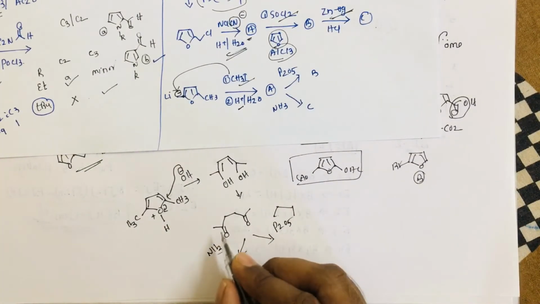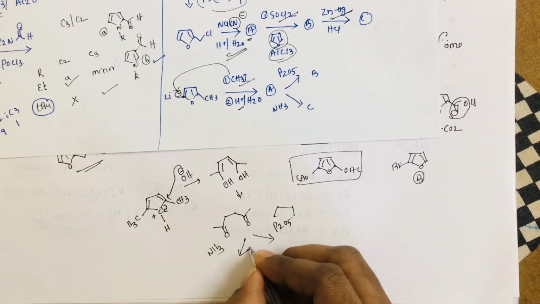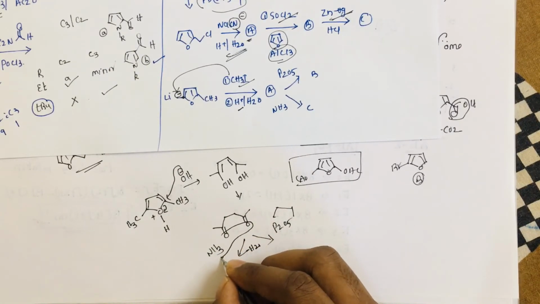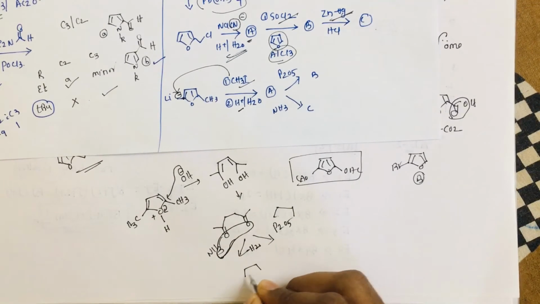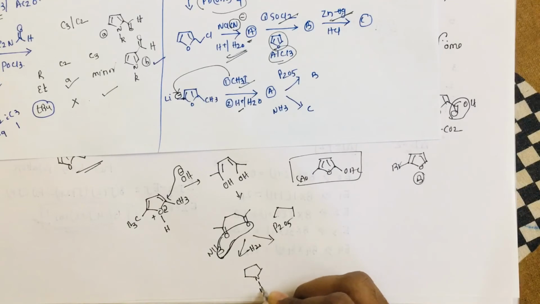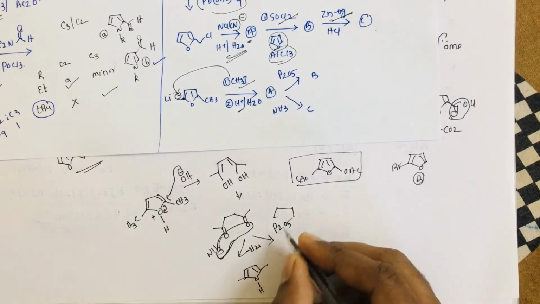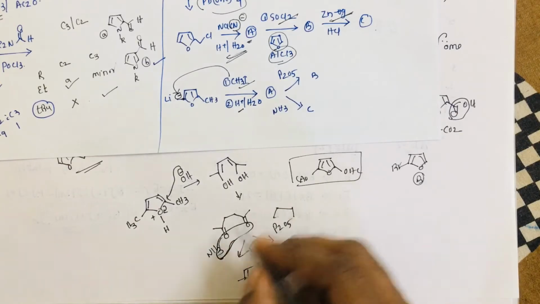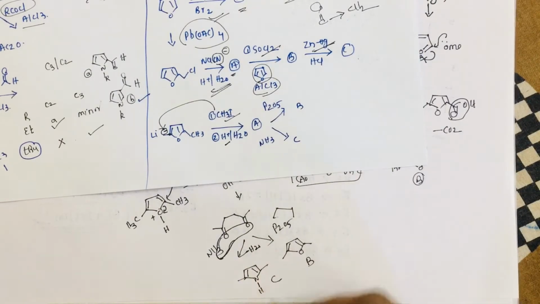What happens is a 1,4-dicarbonyl compound, if we treat it with ammonia, the elimination of water takes place, and it leads to the formation of a pyrrole, 2,5-dimethyl disubstituted pyrrole we will get. And similarly here also we will get a furan. So these are the preparative methods of pyrrole and furan. So here the B is this product and C is this product.